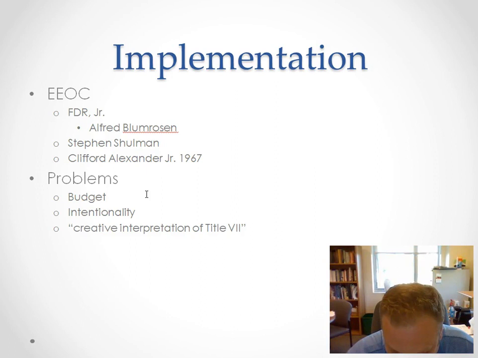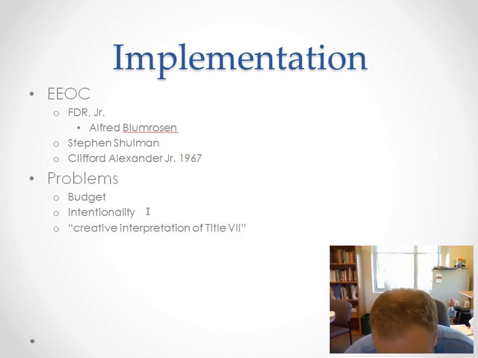The problem with intentionality they also had to deal with. So their problems are their budget. Intentionality is another problem. They have to prove an evil motive behind the company or the school and these sorts of things, and it's a very difficult legal standard. So in order for the EEOC, they feel, to really enforce the law, they had to redefine their scope and appeal to what they called a higher law doctrine.